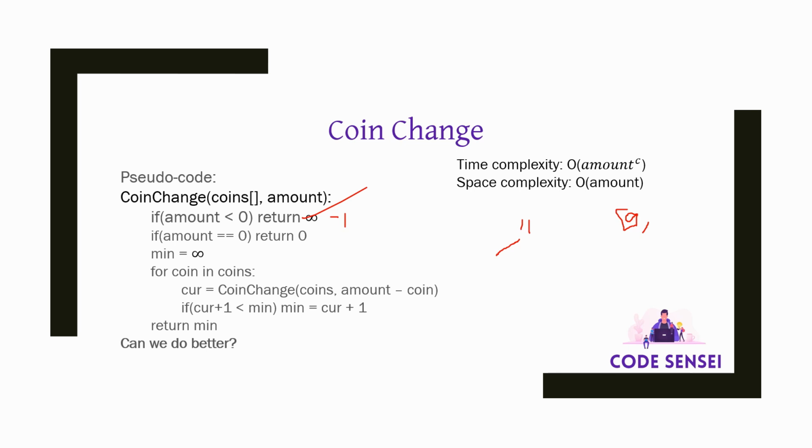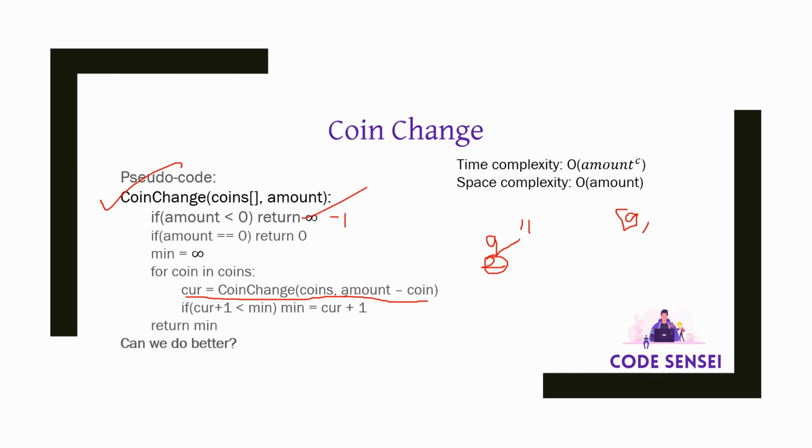So the coin change will be called for amount minus coin. The amount is 11, so amount minus coin is 2. So this function will be called recursively for the value 2, and thus it will give the value for that set of coins.